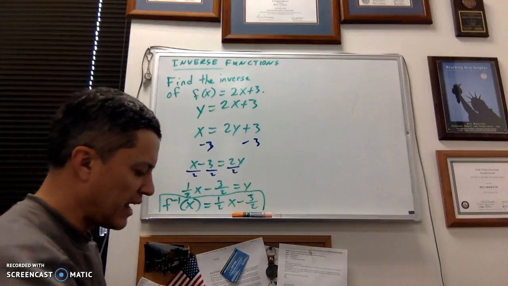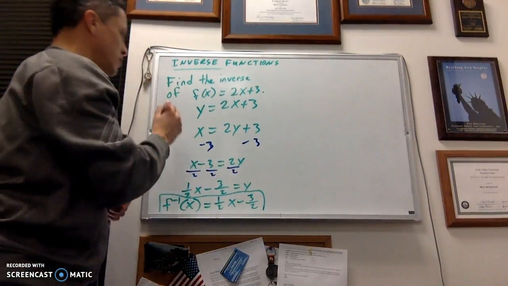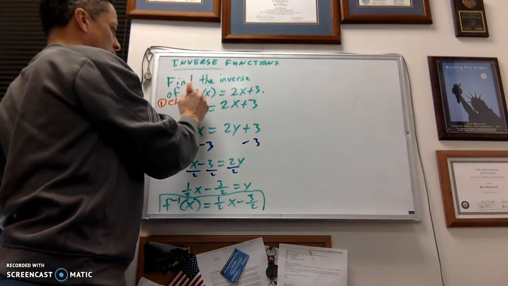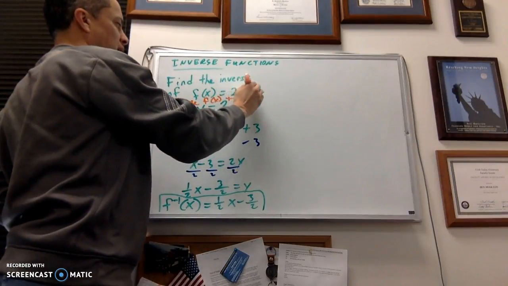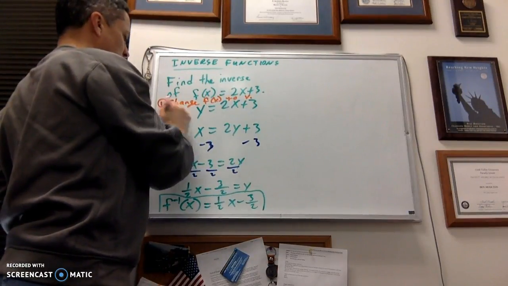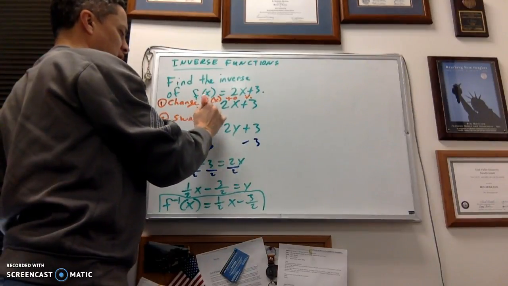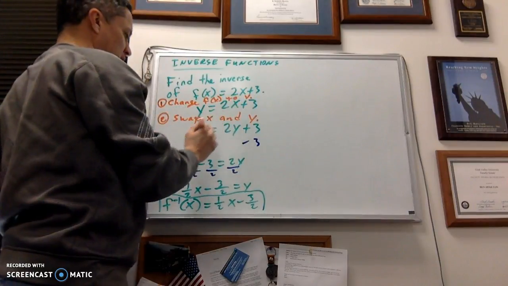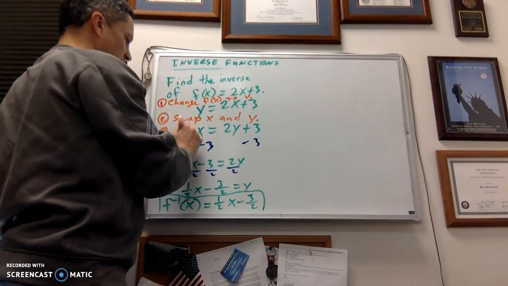So if we were to actually write out steps, I think I would do this. Step 1, change f of x to y. Step 2, swap x and y. And then step 3, solve for y.